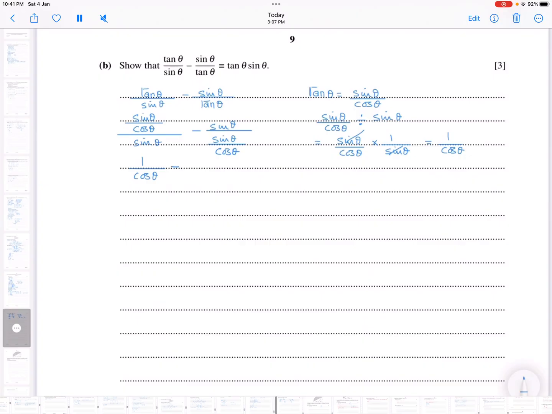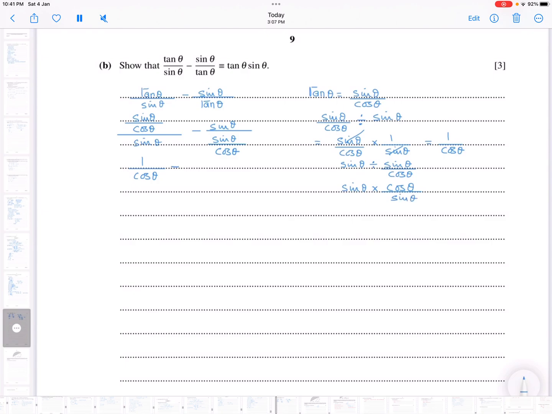Now do the same thing here with the second fraction. Actually sin theta divided by sin theta over cos theta, and now change everything.